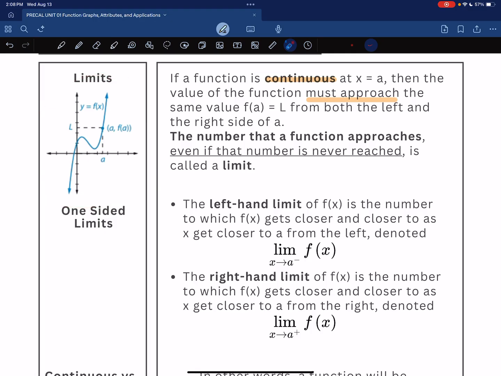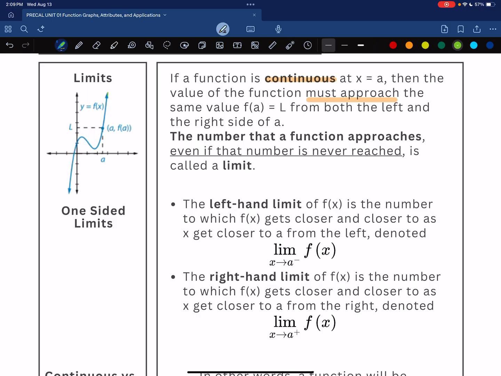So for a function to be continuous, as we approach that value of a, we have to be approaching the same output. As I approach from the right, traveling towards this x value of a, notice I'm approaching a height of L. And if I'm approaching from this side, I'm also getting close to the same exact value.